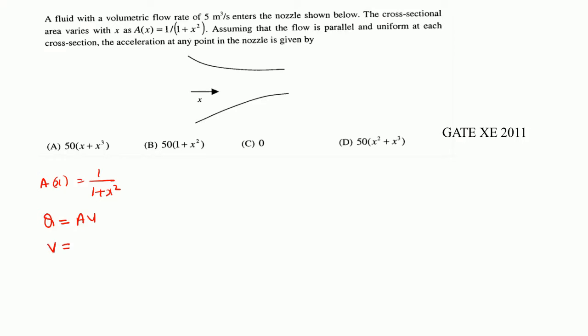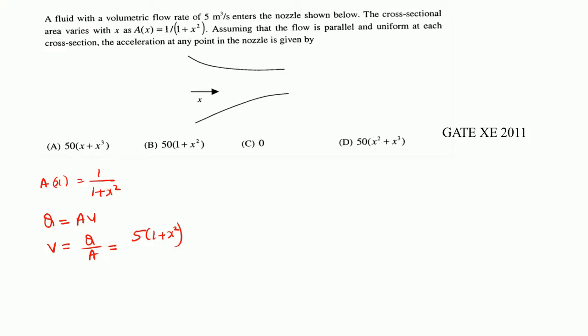That means my velocity will be equal to Q divided by A, and Q is given as 5 meter cube per second and A is given as 1 by 1 plus x square. So this becomes 5 into 1 plus x square. This is the main catch here. Once we do this, then the other things will be done.